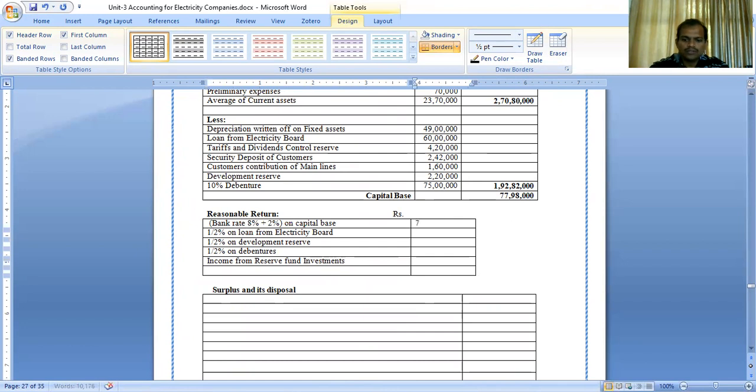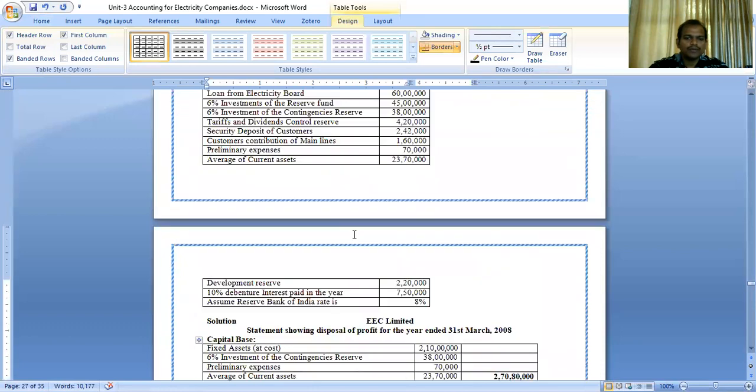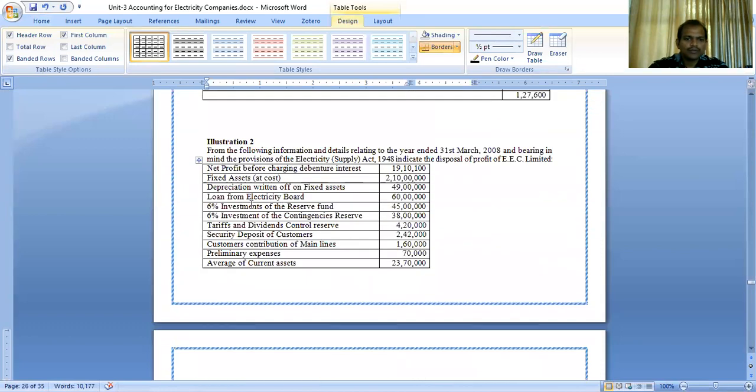So it comes around 7 lakh 98,000. So 0.5% on loan from electricity board.